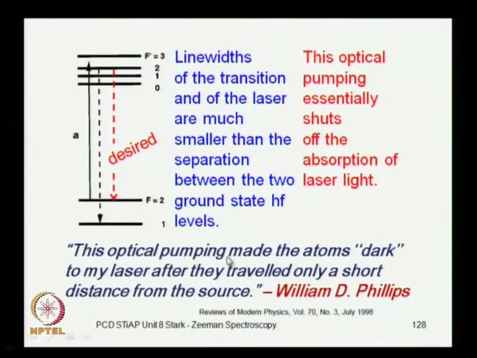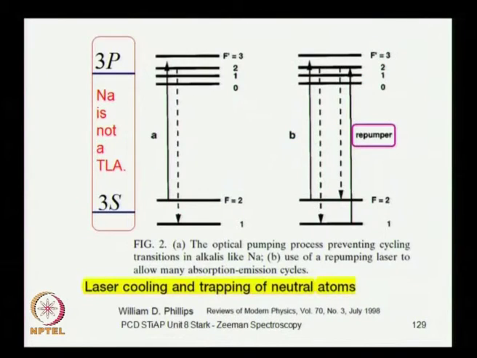I quote from his article in the Reviews of Modern Physics that this optical pumping made the atoms dark to my laser after they traveled only a short distance from the source. This is the difficulty that he faced, for reasons that we understand, and the solution involved using a repumping laser, so that it raises the atom from this level back to this, and regenerates the excited state, which will then decay into the desired level.